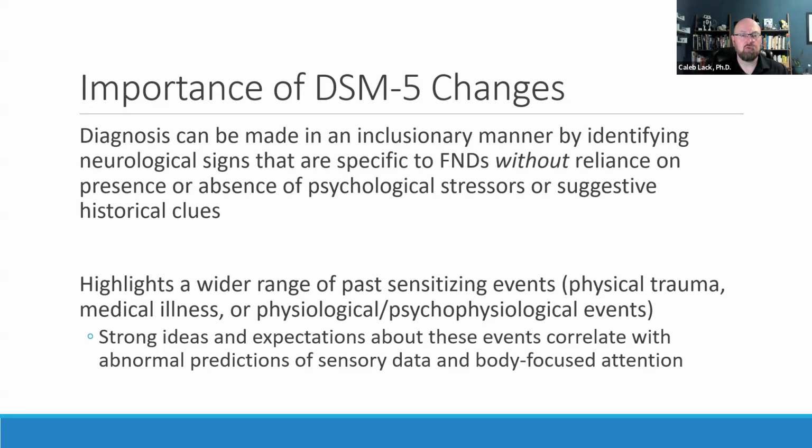As we'll see, a huge amount of work has shown that with functional neurological symptoms, people pay lots of attention to and evaluate their bodies and the sensory data that's coming into their bodies. And they do so in different ways than people who don't have an FND. And we'll see that here in a minute. So lots of changes, but that gives you a little bit of an operational definition of what's happening.